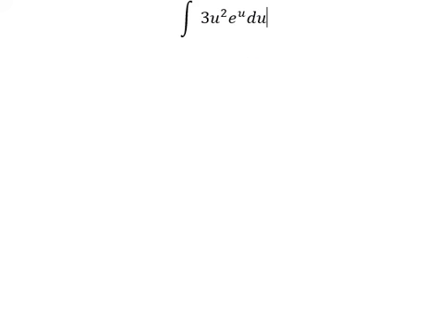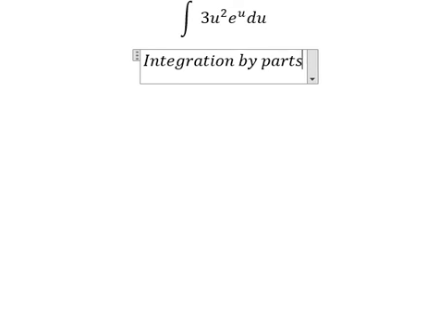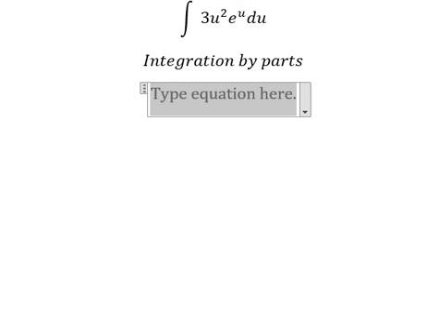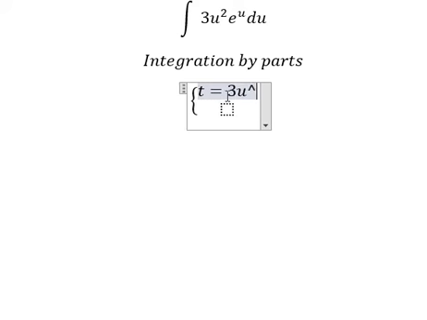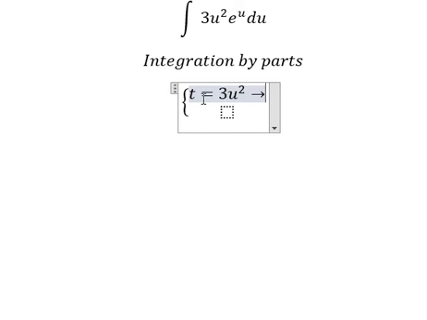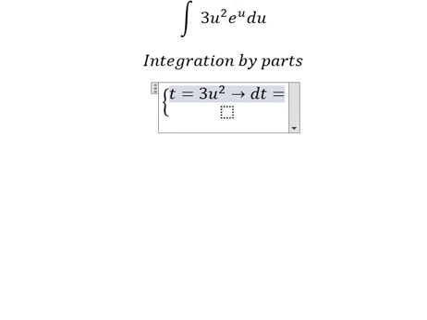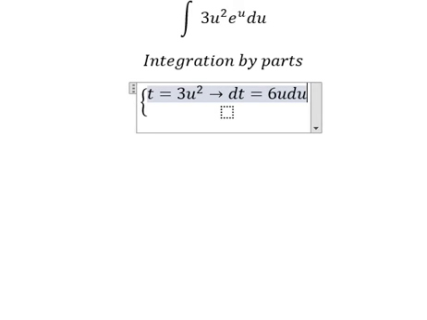Next, we need to use integration by parts. So I will put t equal to 3u squared. After that, we need to do first the derivative for both sides, and we got dt equal to 6u du.